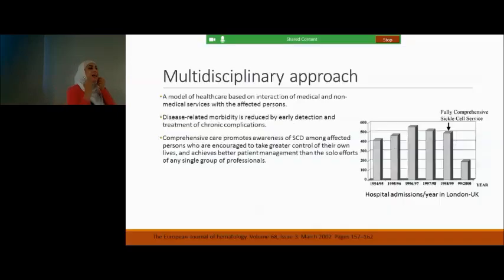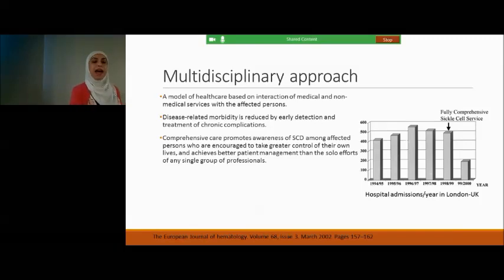Now, a couple of slides about what we do. So why did we choose to do a multidisciplinary clinic for kids with sickle cell disease? Just because in general, multidisciplinary service promotes integration of clinical and non-clinical services to, hopefully, provide better care and better outcomes for our patients. And there are documented studies, especially a nice one I cited here from England.